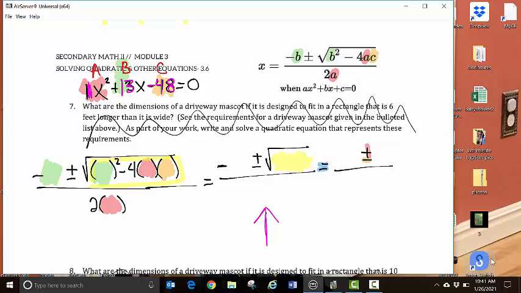So now you put them in where the formula says. It says negative B, so negative 13, plus or minus the square root of 13 squared minus 4AC, all over 2A. You have to put the parentheses here.